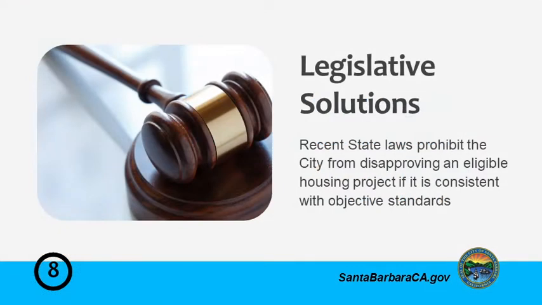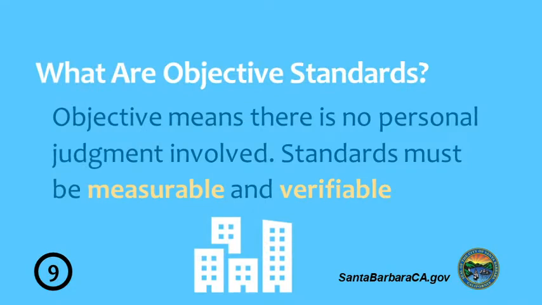Recent state laws aimed at promoting housing prohibit local agencies from disapproving an eligible housing project if the project is consistent with objective standards. Objective means there is no personal judgment involved. In other words, no gray area for interpretation. Standards must be measurable and verifiable.